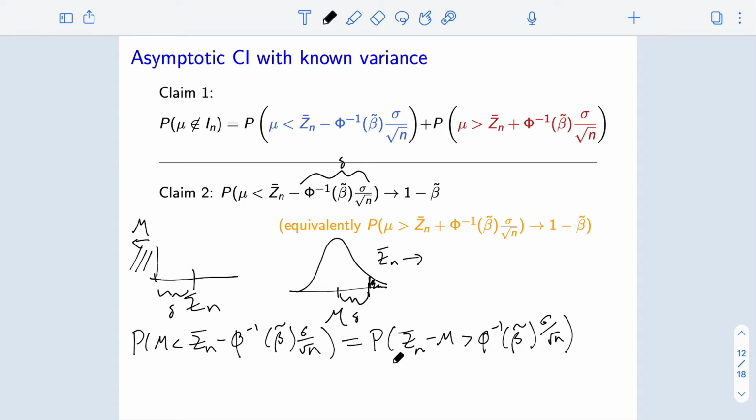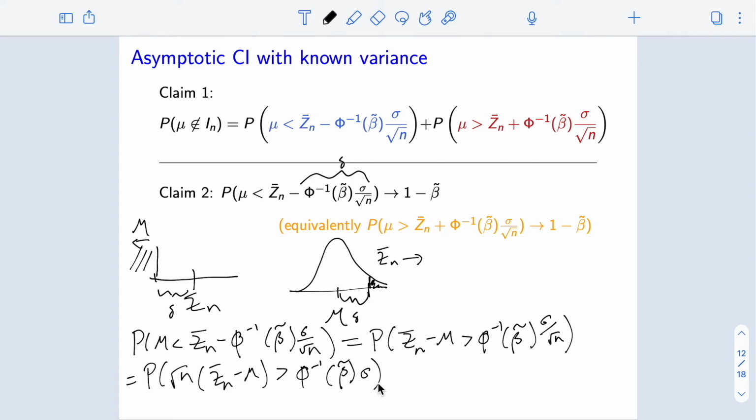If we think about this, this is basically talking about the distance between z bar n and mu, as opposed to making some statement about mu in relation to z bar n. And this is just very straightforward arithmetic. Now we're going to scale up both sides of this by square root of n, and we get that this is equal to the probability that root n times (z bar n minus mu) is greater than phi inverse of beta tilde times sigma.